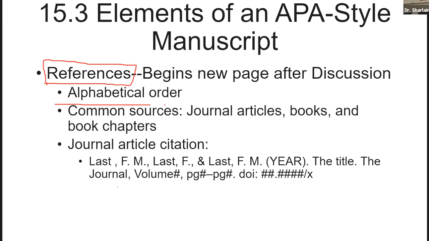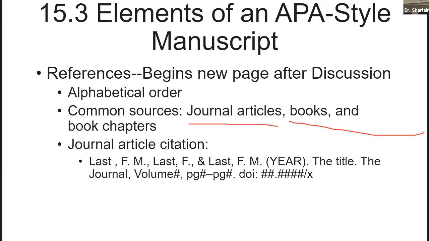There are some formatting guidelines in other styles that say you put it in the references as it was presented in the paper, but not APA. APA is strictly alphabetical order. Some of the common sources of references include journal articles, books, and book chapters. I'm going to give you a word of caution.